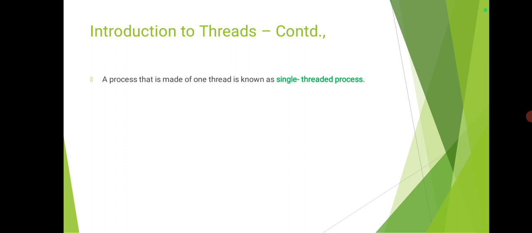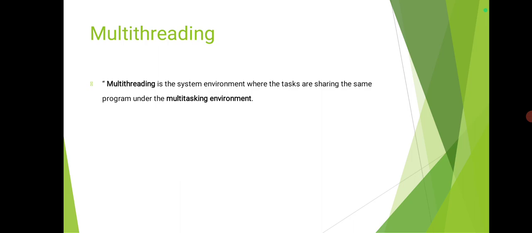A process that is made of only one thread is known as a single thread process, whereas a process that creates two or more threads is called a multi-threaded process. So remember, only one thread is a single thread process, whereas two or more threads is called a multi-threaded process.